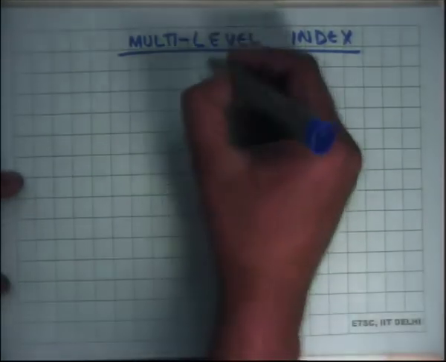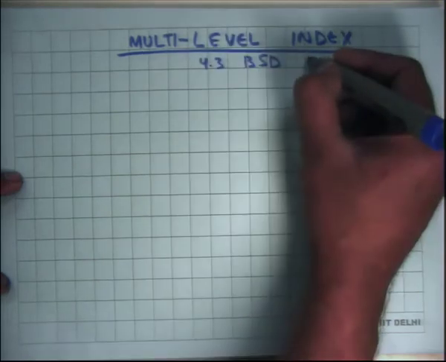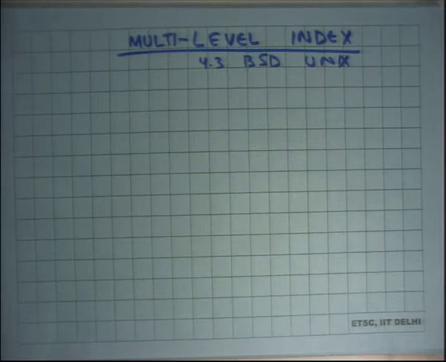Let me take the example of a real operating system, 4.3 BSD Unix, and look at its file system structure. It uses a multi-level index file.